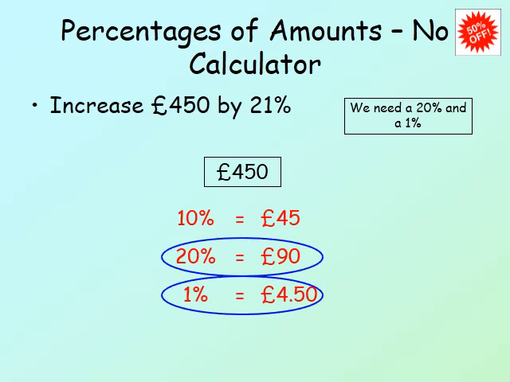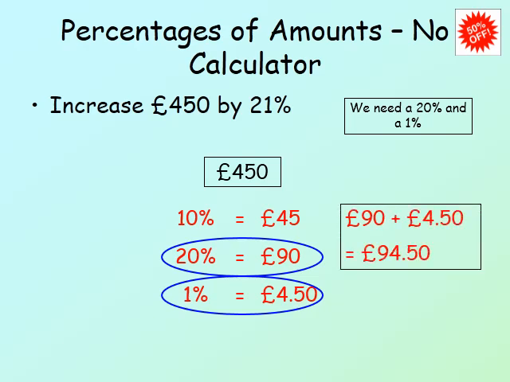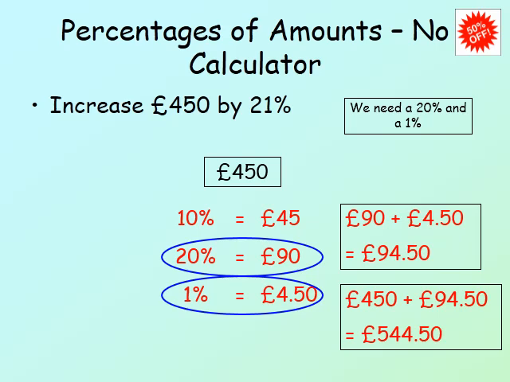Now we can add the two amounts together, the 90 and the £4.50, because that comes to 21%. And so we need to add, we have the figure of 94.50.